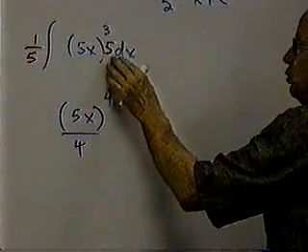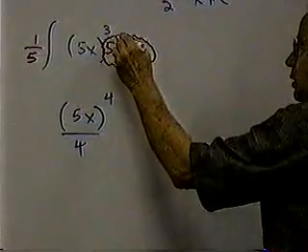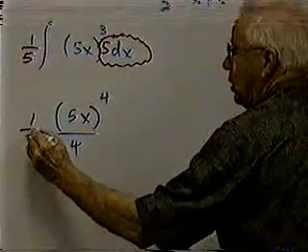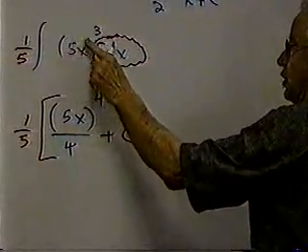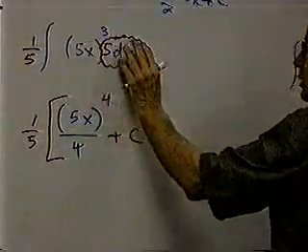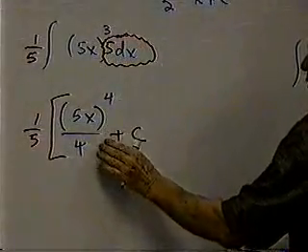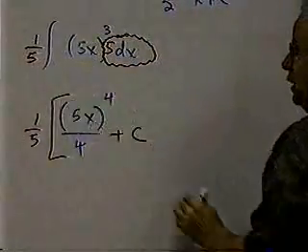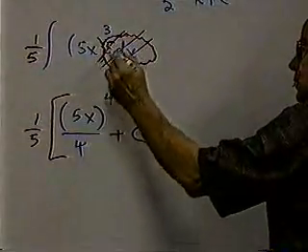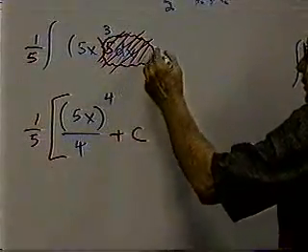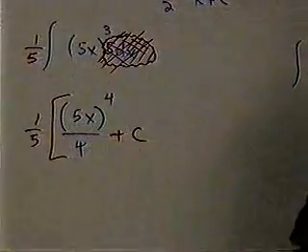Now, when you have the derivative of the inside of the parentheses over here with the dx, then you may power rule the parentheses times whatever you had to put out front. And this just disappears. That's the David Copperfield. That just disappears. And all you do is power rule the parentheses.